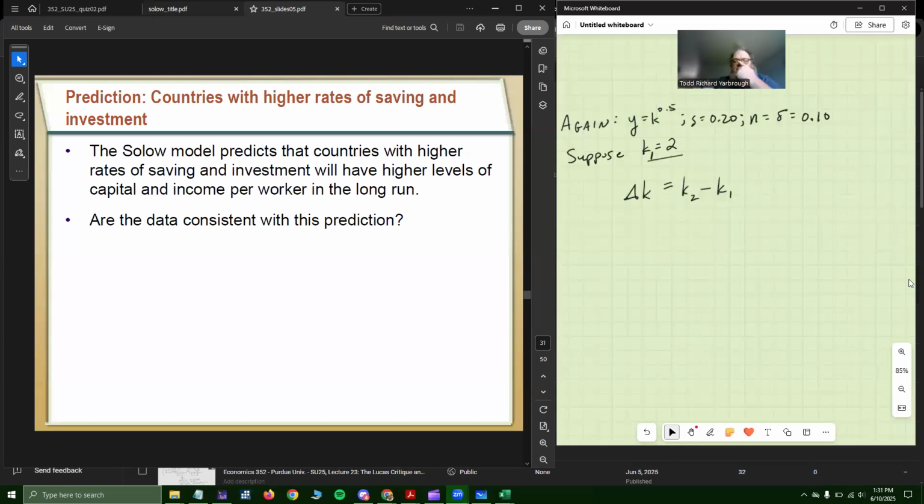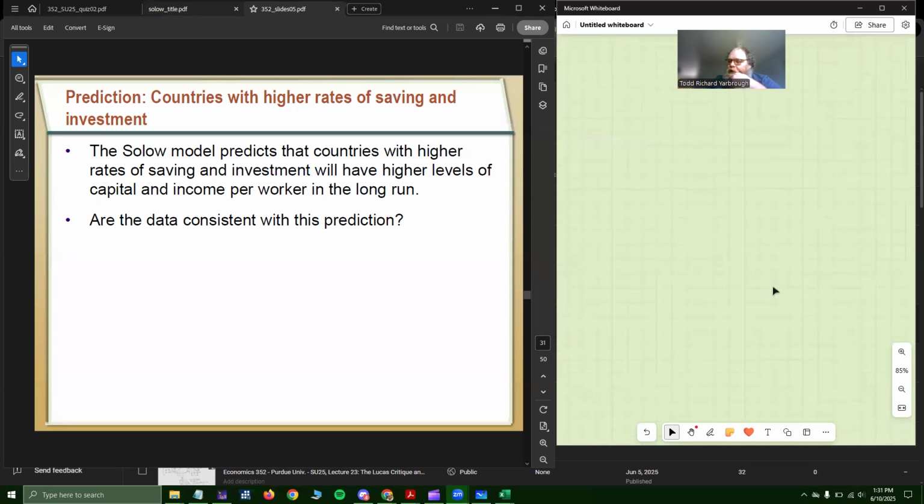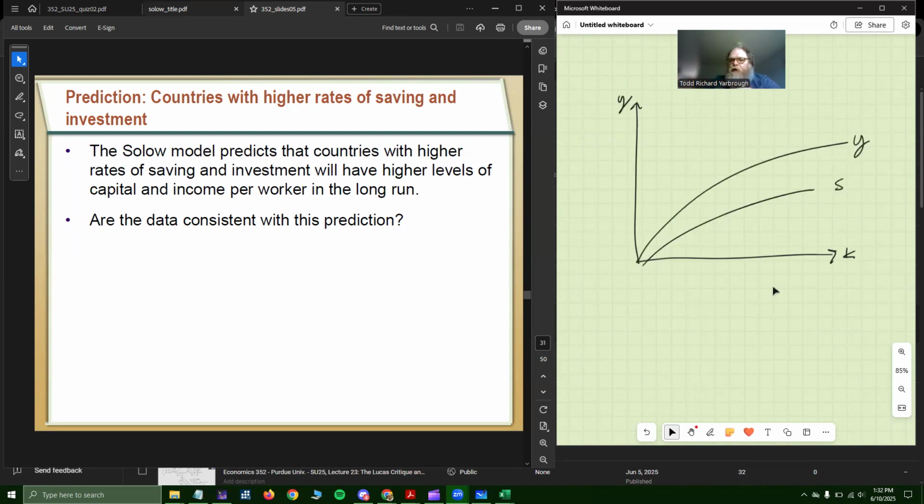There can be this sense, I think, when we first learn, for example, in the basic setup here, we have capital per worker here, we have output per worker here, and so the economy has a level of production, the economy has a level of savings, and then one of the things that can happen is that the economy can become more productive over time, and so maybe productivity shifts up there, and then this causes also a shift of the savings as well.